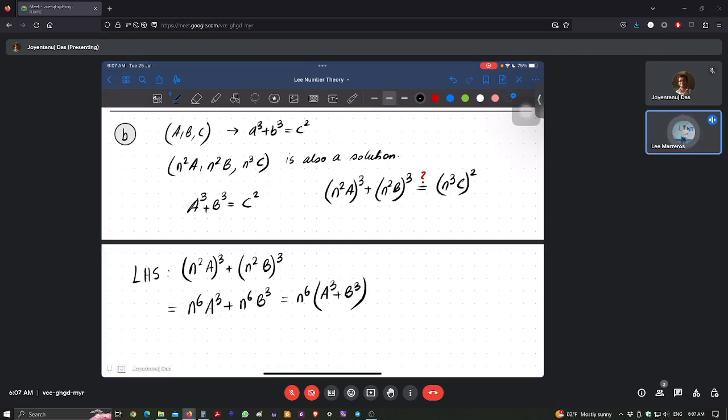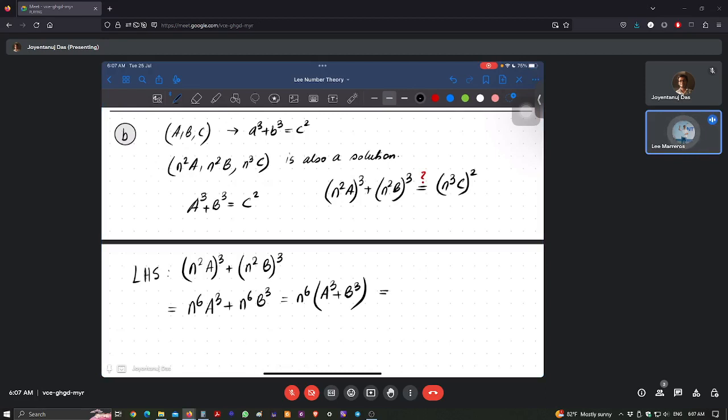Now we can simplify n to the 6. How will you do next? That would be a cube plus b cube. After this, what can I write?